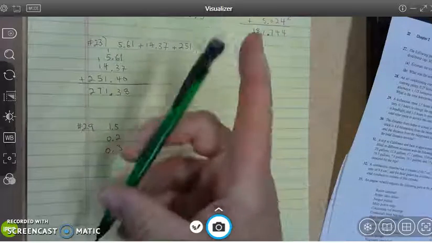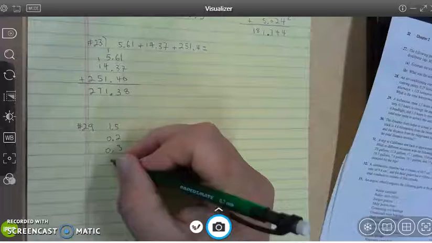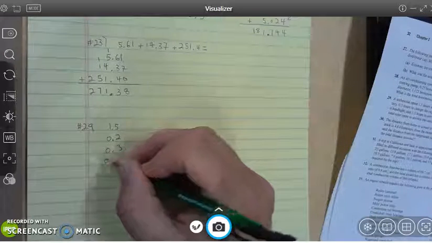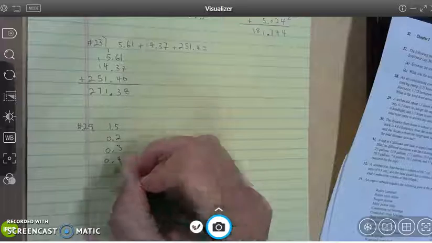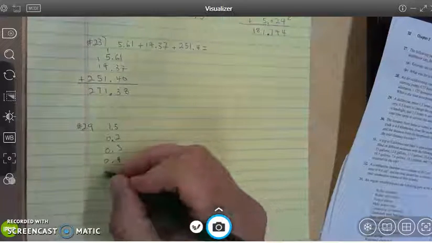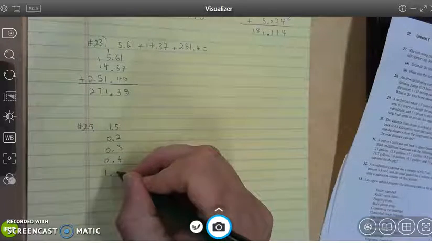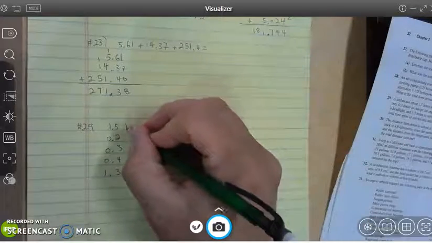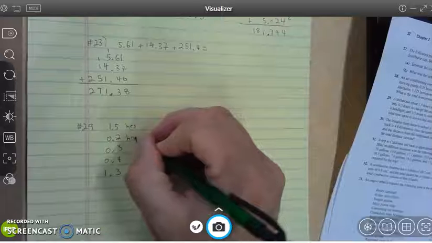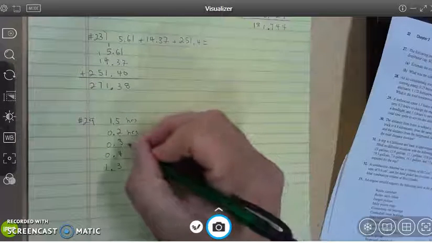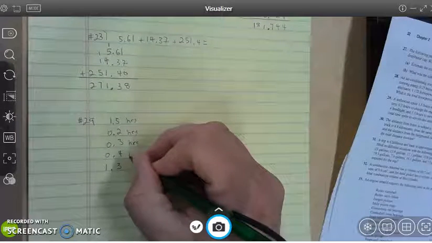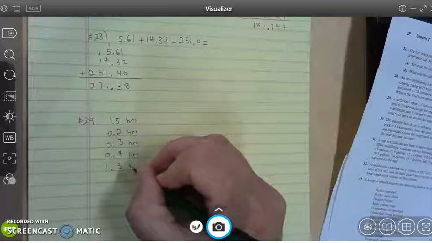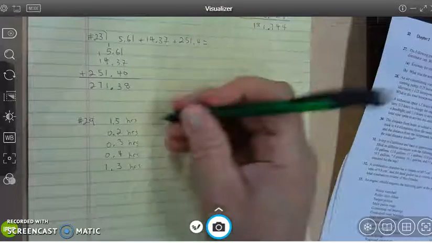0.3 hours to change the oil and filter. 0.4 hours for the headlight. 1.3 hours for the air conditioning. And in a work environment, you may want to put labels next to that. You may even want to put an abbreviation because we're listing so many things.